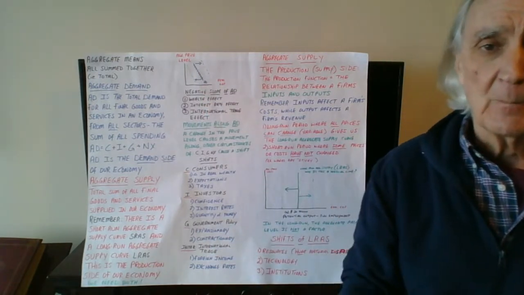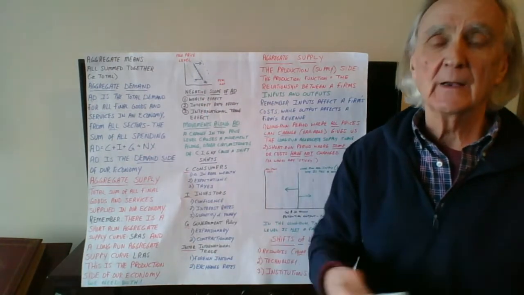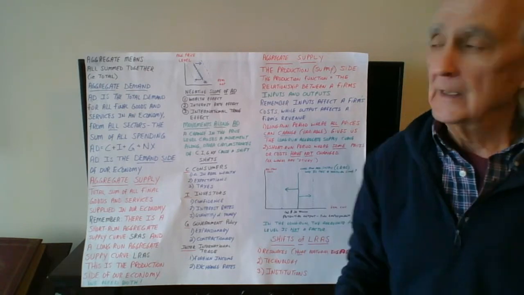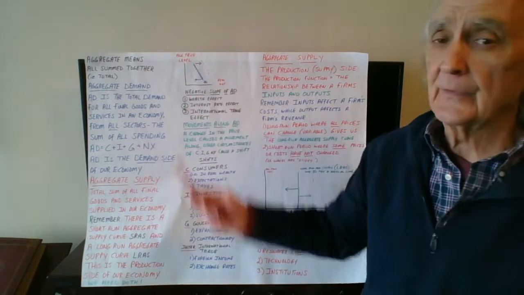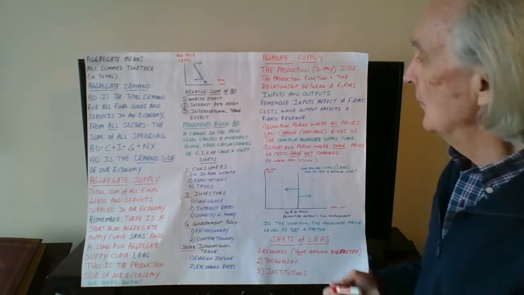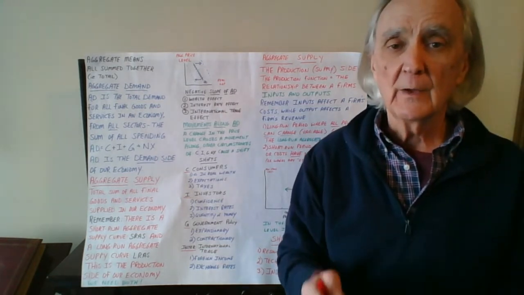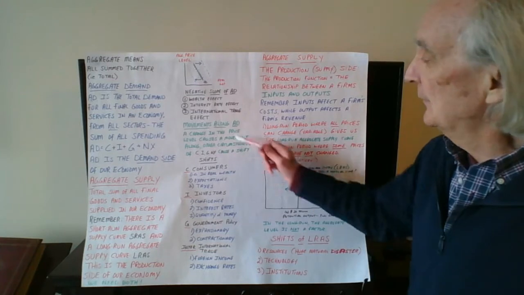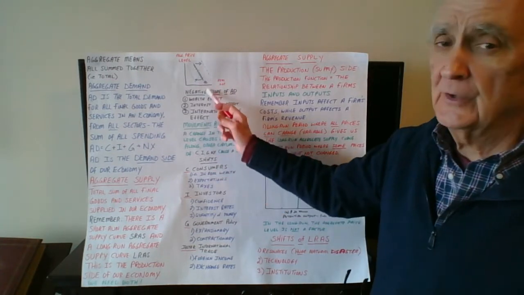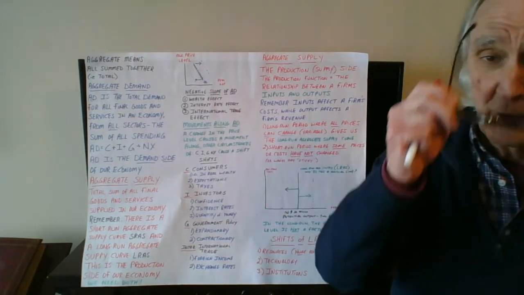And again, rule of thumb, if it's shifting to the right, in general, it's more. If it's shifting to the left, it's less. Now, we have different factors, but again, not the price level. Different things can happen that will shift this aggregate demand curve.